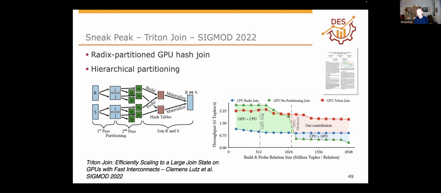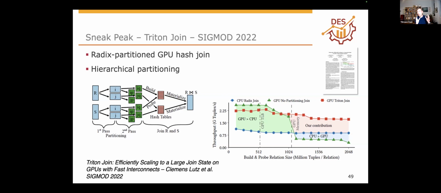And there we use partitioning also for the GPU based join. So our initial join was no partitioning. We have one large hash table everything goes into. And this means as soon as the hash table grows out of the GPU memory, all of a sudden we're not going to be as fast anymore because we have these random accesses to the CPU memory.